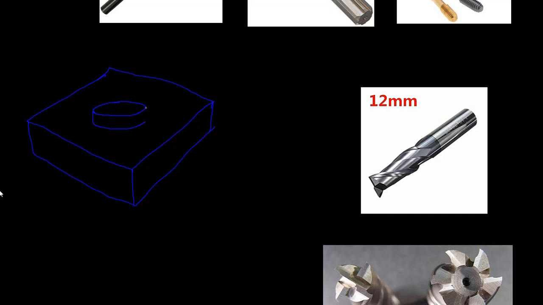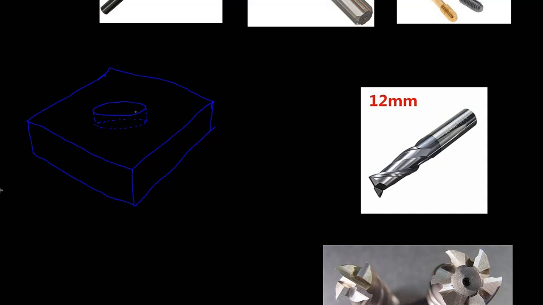I'm going to draw that hole in dotted lines because you can't see it from this angle. This hole doesn't go all the way through the material; it just goes to a certain depth, and it has a flat bottom.